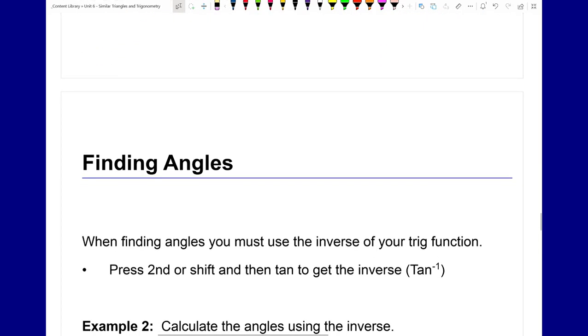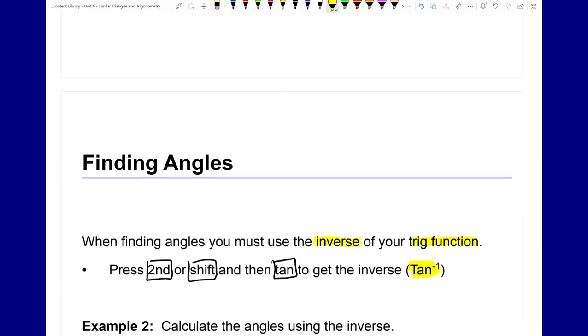The last thing we're going to look at is finding angles. When we're finding angles, we have to use the inverse of our trig function. On your calculator, this is going to look like pressing the second button or the shift button and then tan, appearing as tan -1, or the inverse.